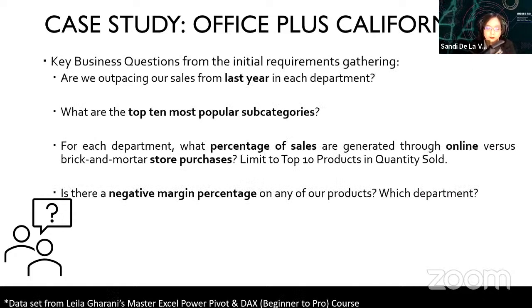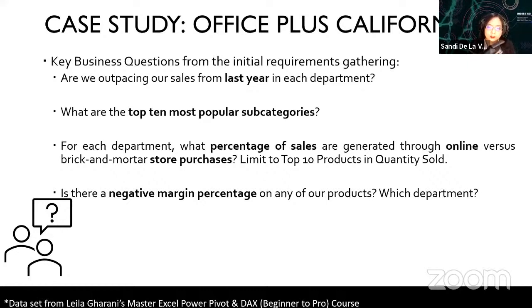Also, based on your initial gathering of requirements, these are the business questions you need to answer for your boss or for your internal customers, such as, are we outpacing our sales from 2021, from last year or 2020? What are the top 10 most popular subcategories per department?